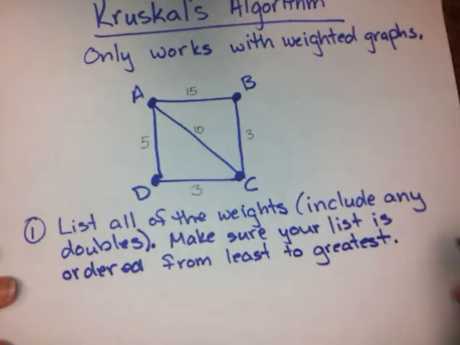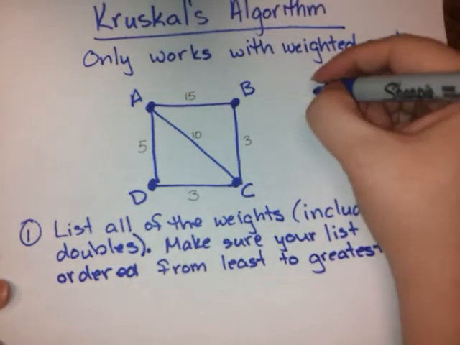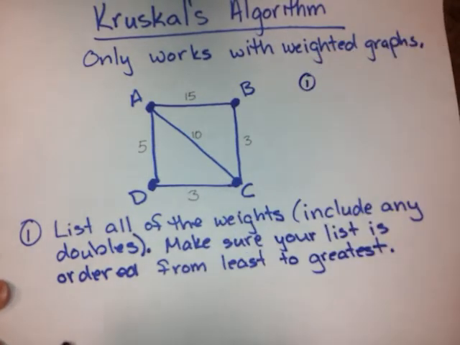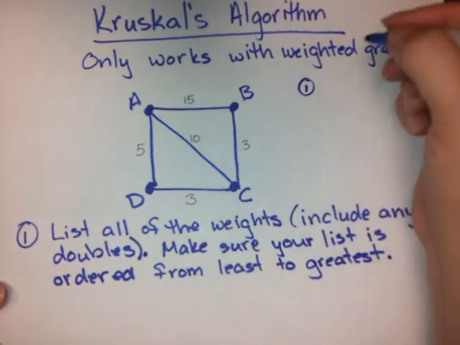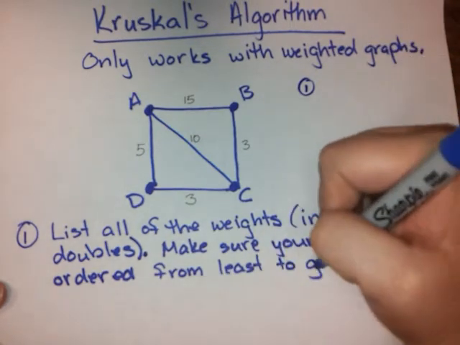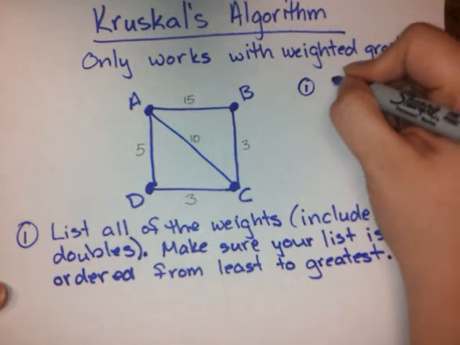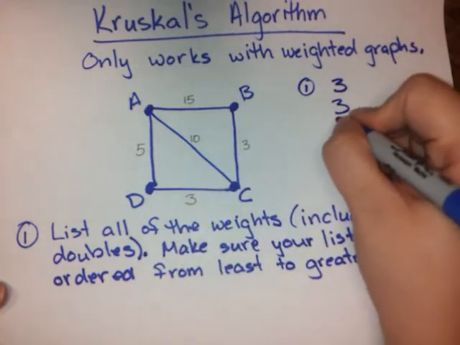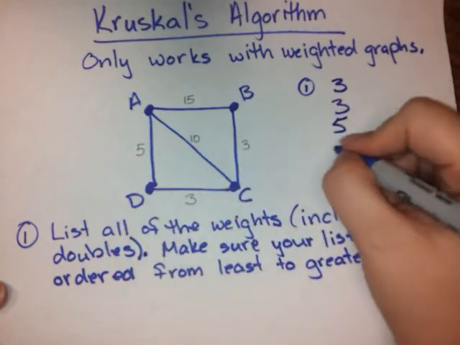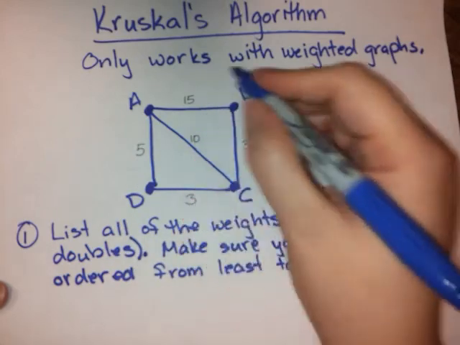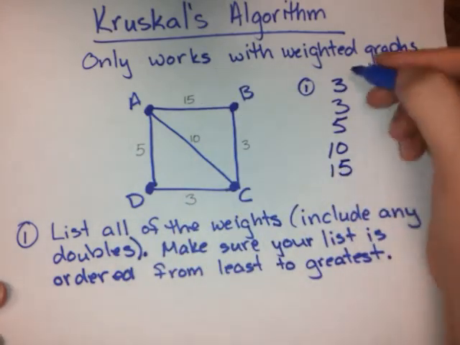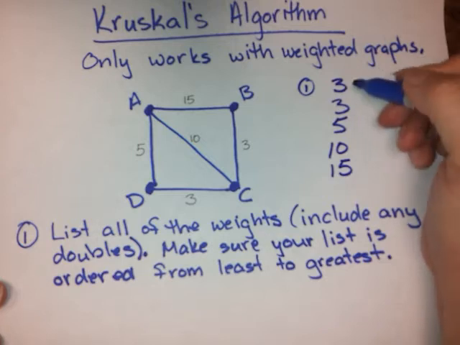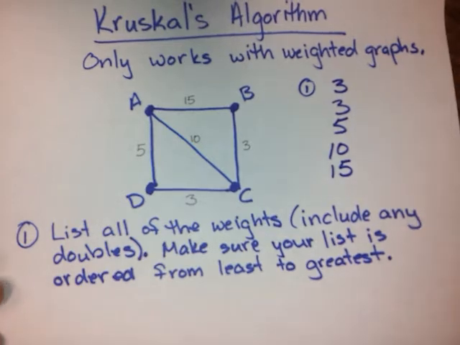So I'm going to go ahead and make that list right up here. So I'll put my number 1 here to show that that's the first step. I'm doing least to greatest, including all of the edges, including doubles. So that's 3, 3, 5, 10, and 15. There's my list. Least to greatest, and I included any multiple edges.